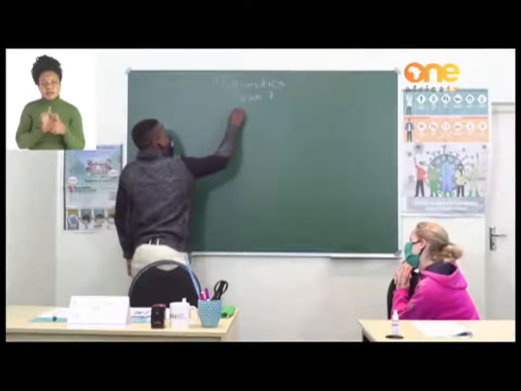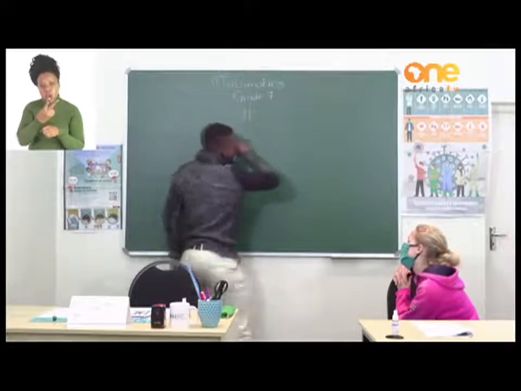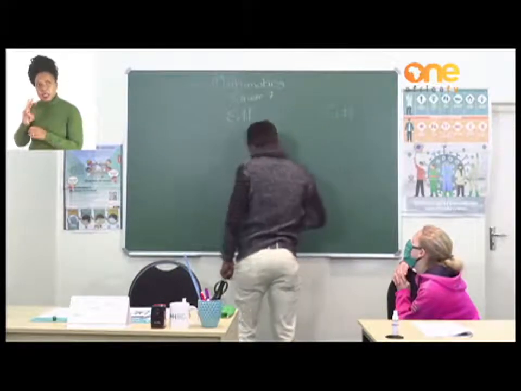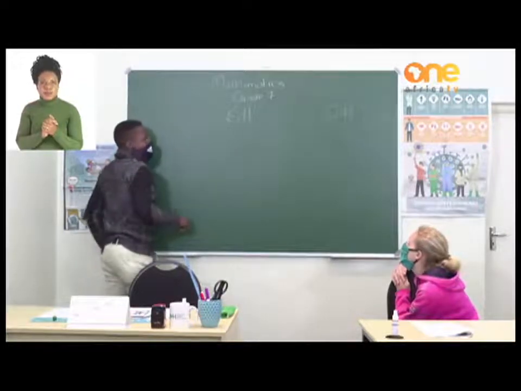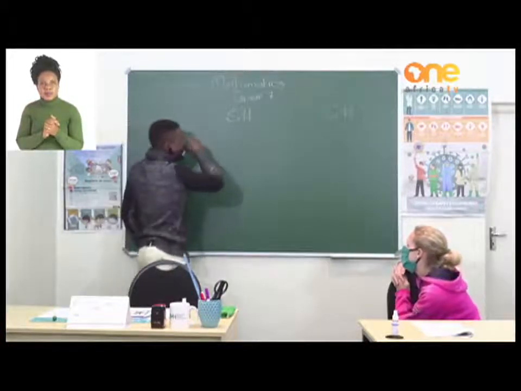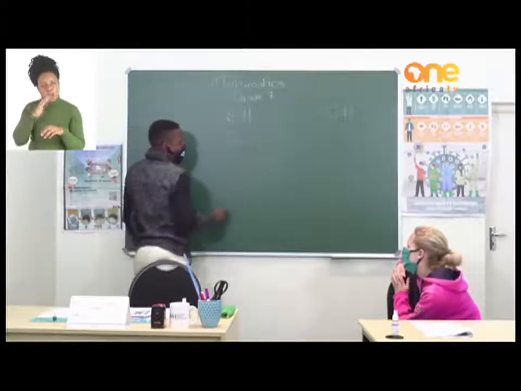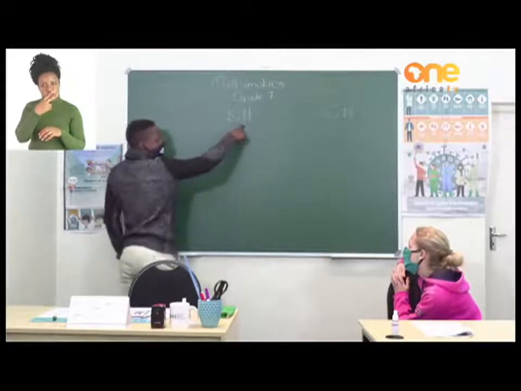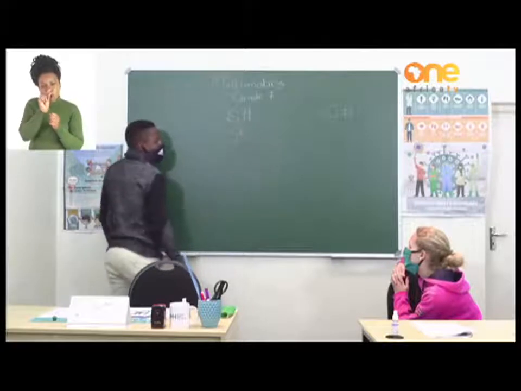So we have learned about the square numbers and the cube numbers, and some of the properties that we need to learn. For example, 2 squared. Whenever a number is a square number, it has this little power here, which is a 2.